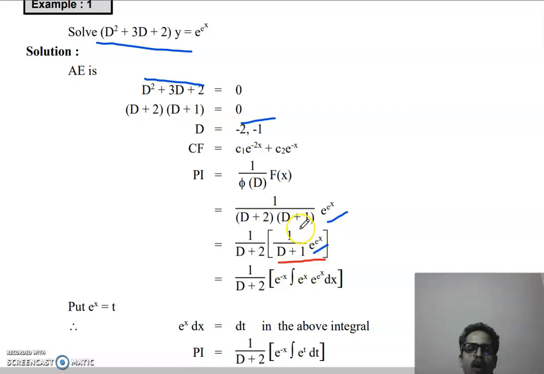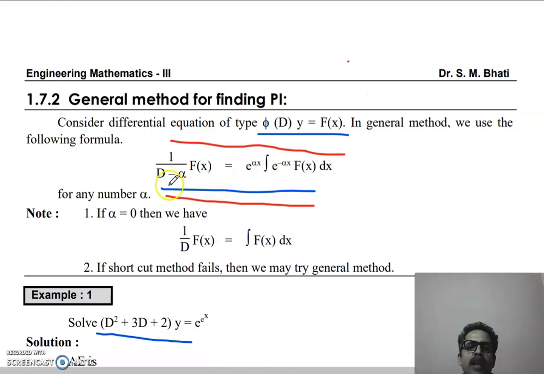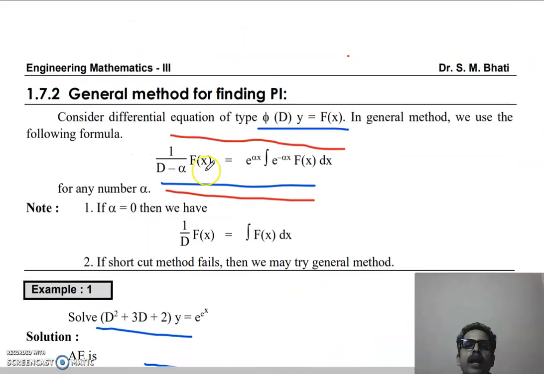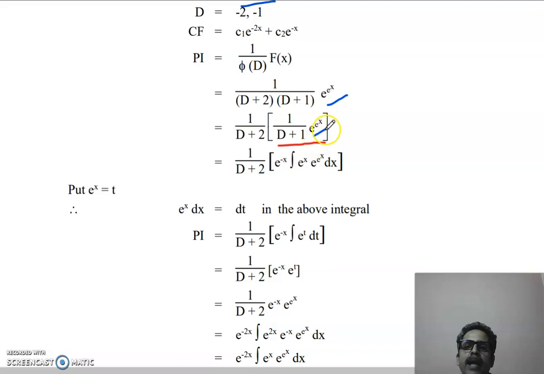When you compare 1 over D plus 1 e raised to x with this left hand side, easily you will find that alpha is minus 1 and f of x is e raised to x. So apply that formula. E raised to alpha x, alpha is minus 1, so e raised to minus x. Integral e raised to minus alpha x, so minus minus becomes plus, so e raised to x, and this stands for the function f of x, that is e raised to x.